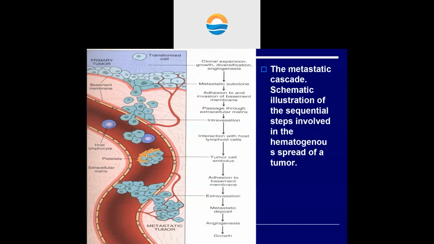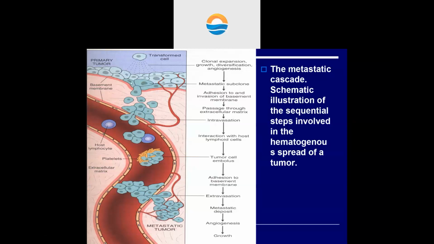Then within the vessel we see interaction with host lymphoid cells, then a tumor cell embolus, then adhesion to the basement membrane, then extravasation. So these neoplastic cells go out of the vessel, and we see metastatic tumor formation in another area of the human body.